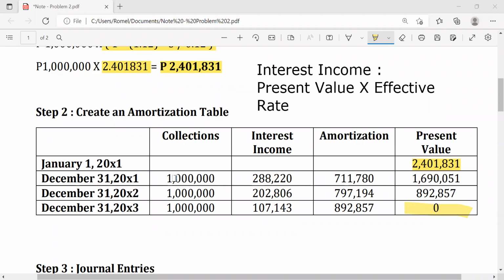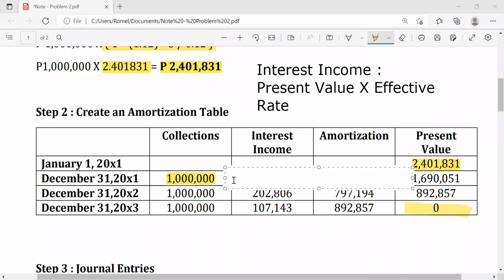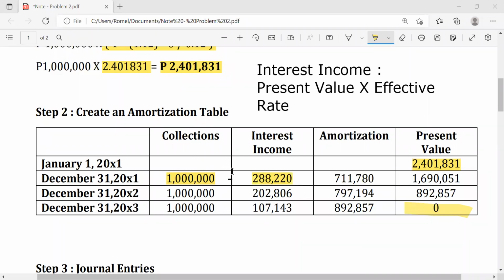And then, the difference between the collection and the interest income will be the amortization. So, ang gagawin natin dito, we will deduct collections minus interest income. So, how much is the amortization? The amortization is 711,780 pesos. And anong gagawin natin sa amortization? We will deduct it from the present value.